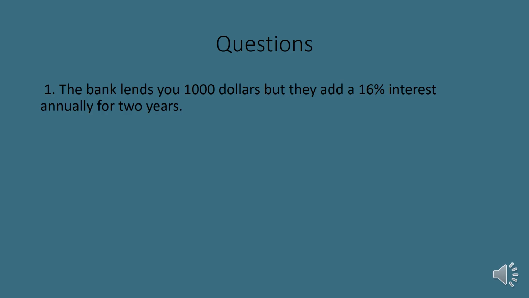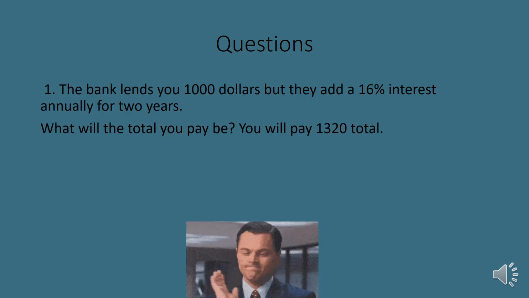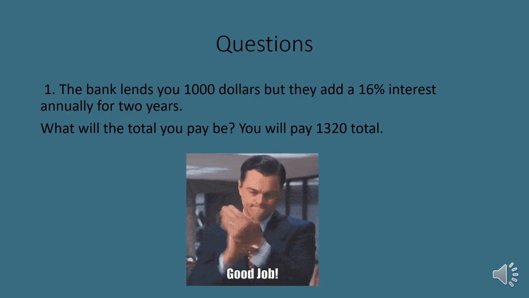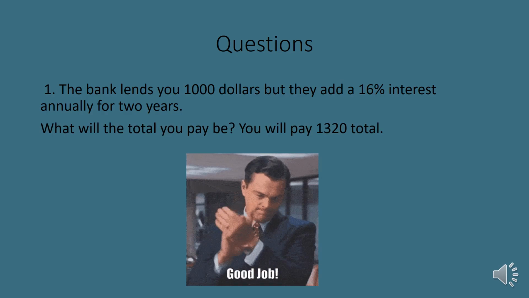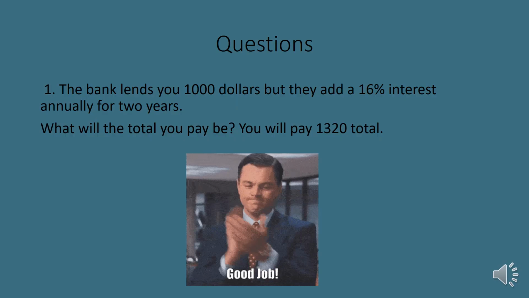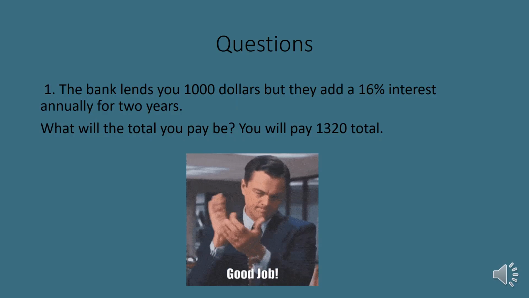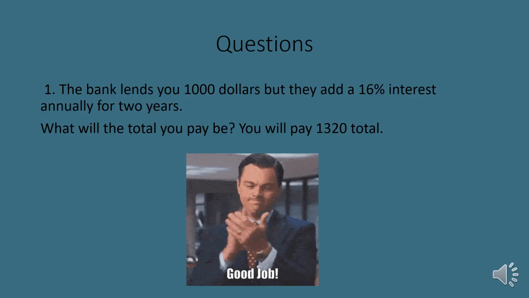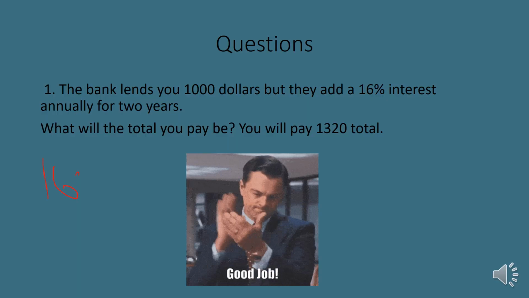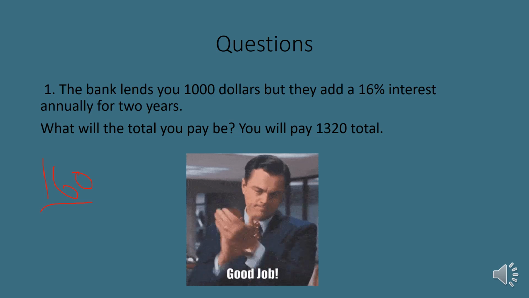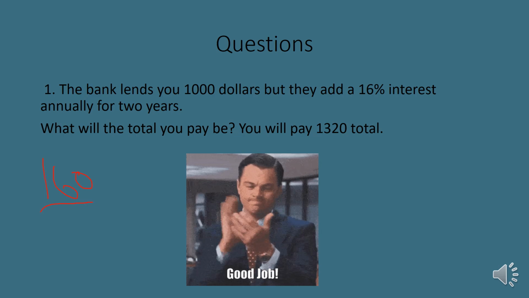Good job, guys. I'm pretty sure you got the answer right. So let me show you what it is. The answer is $1,320. Well, how did we get this? If you add 16% interest to $1,000 for 1 year, that will equal $160 extra that you have to pay yearly.